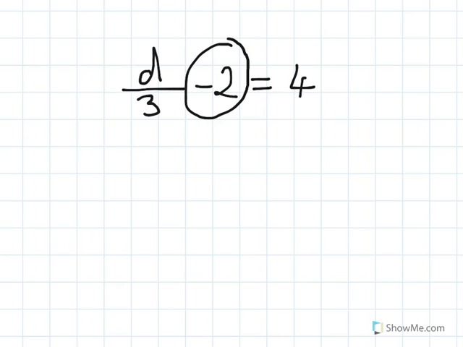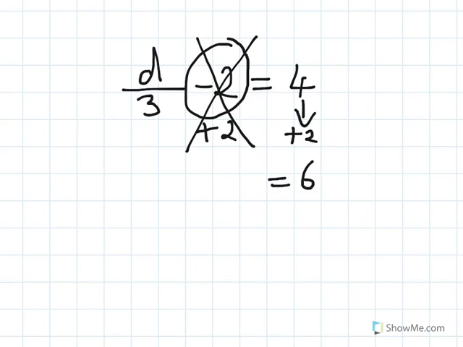The opposite operation to subtraction is addition. So we must add 2 on the left-hand side, and also add 2 on the right-hand side. This will cancel out, and 4 plus 2 equals 6. Therefore, our equation now looks like d over 3 equals 6.